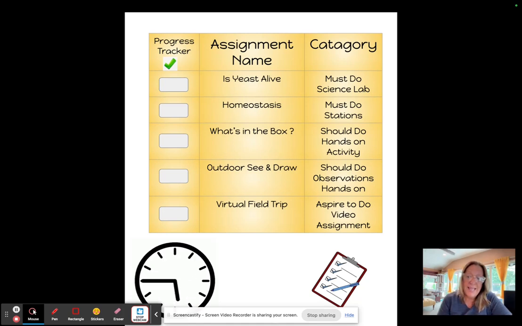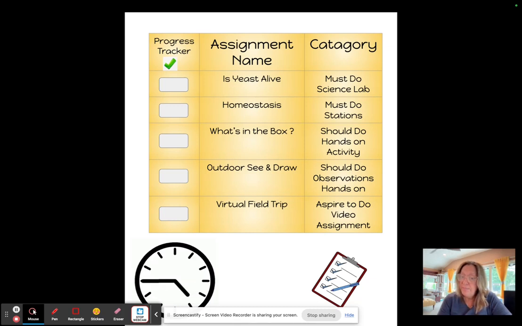Each day at the end of class, I will remind you that you need to fill out your tracker, and this will help me to understand exactly how much progress you have been able to make during today's class time.